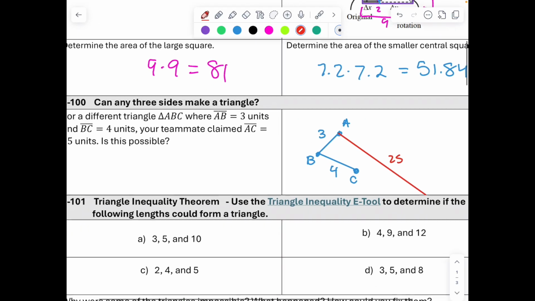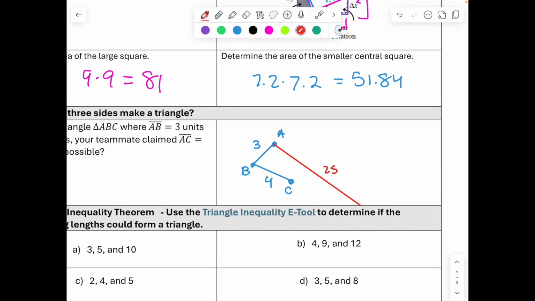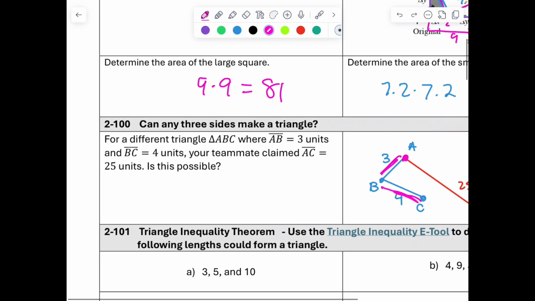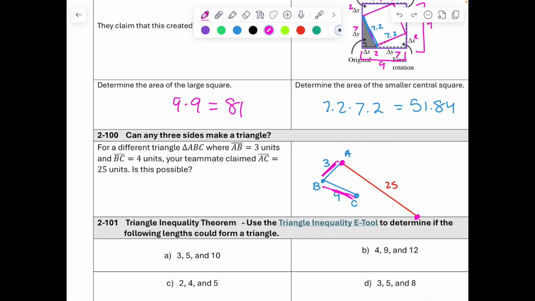Again, that's a rough estimate. Could we make this into a triangle, okay? And my guess is no, because the 3 and the 4 to somehow split between this 25 and make a triangle out of that, I don't think you can make 3 and 4 do that in any way. So my guess is that this is not possible for that extra side to be 24 or 25.